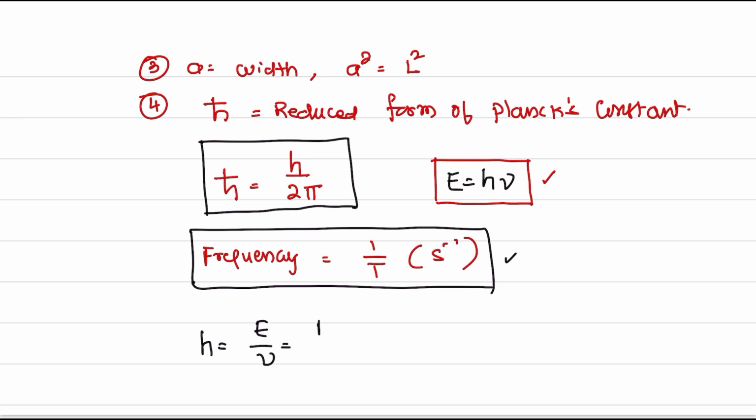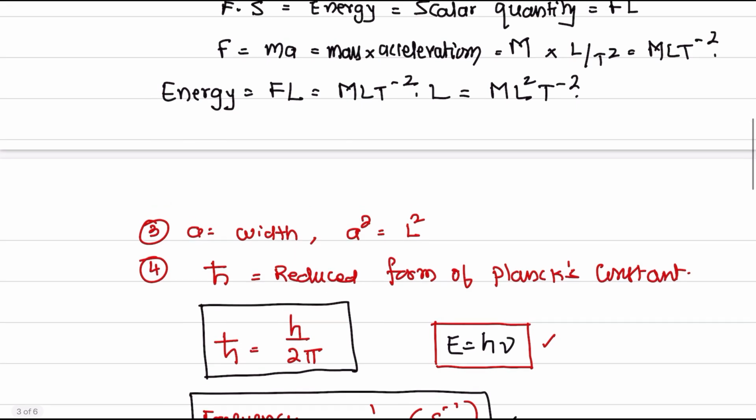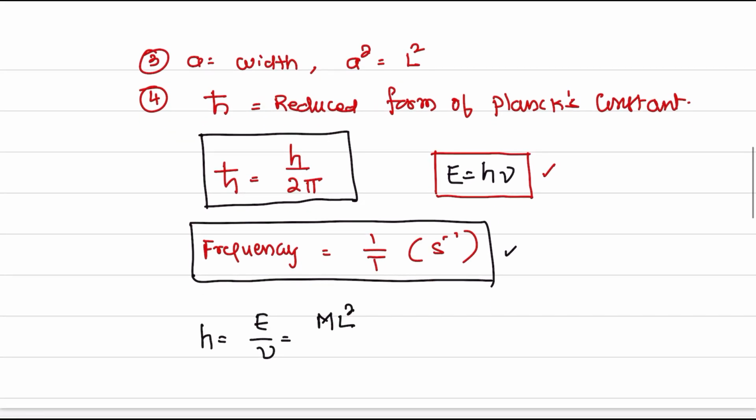What is E? M L square into T to the power of minus 2 divided by 1 by T, which means T to the power of minus 1. This is equal to M L square into T to the power of minus 1.